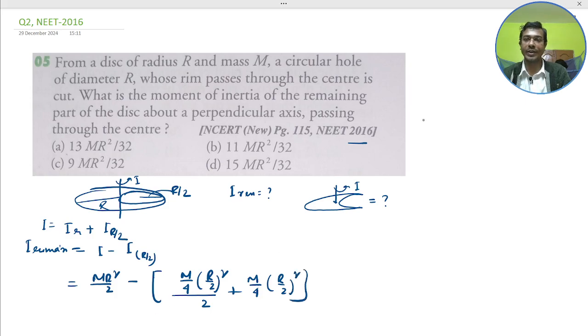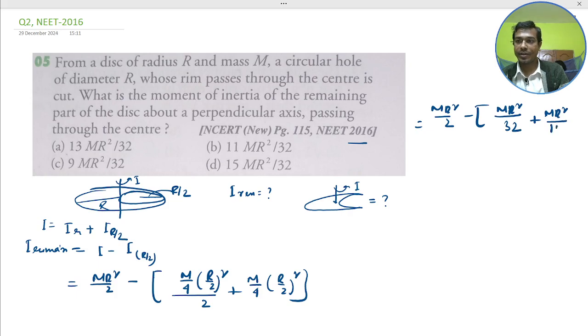So it would become m r square by 2 minus m r square by 32 plus m r square by 16. After simplification you would get 13 by 32 m r square. So I think 13 m r square by 32, A would be our correct answer.